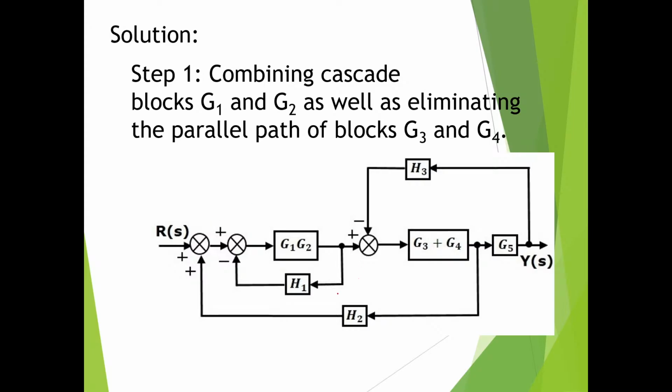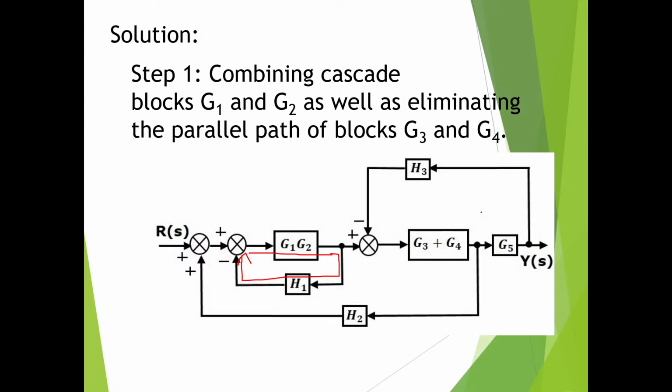G1 and G2: from this summing point, the signal flows through G1 and G2. From this branch point, what is happening? The signal is returning back towards the summing point. There is a return path, isn't it?